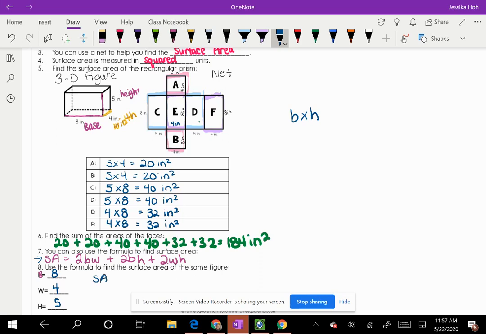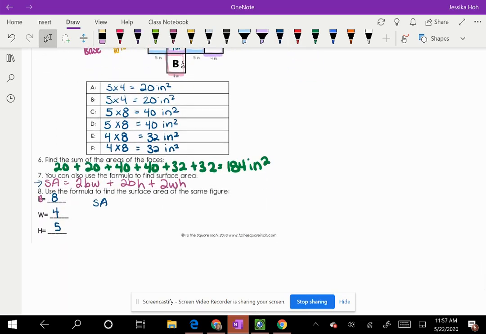So we're going to plug in these numbers for this formula right here. SA equals 2 times our base, 8, times our width, 4, plus 2 times our base, 8, times our height, 5, plus 2 times our width times our height.